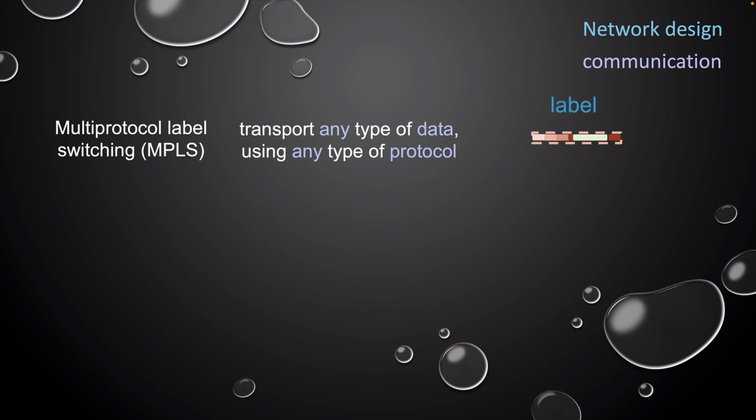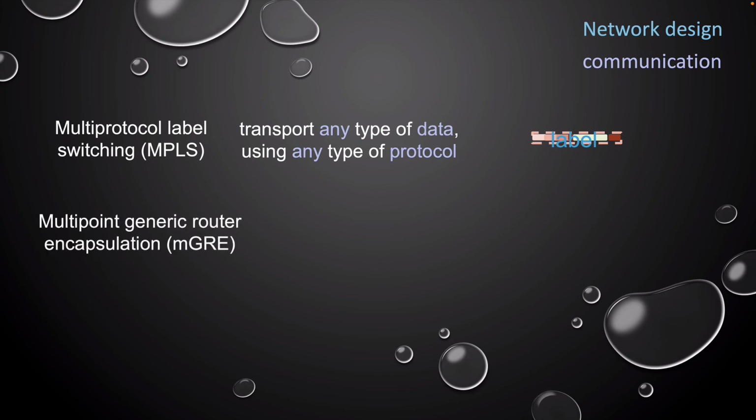But MPLS focuses on labels that are pushed onto packets, and then those labels are removed as the packet leaves and reaches the other side. Inside MPLS, you have to create an initial configuration, letting us know where all the sites are located and the labels that can be used. And this is the multi-point generic router encapsulation.